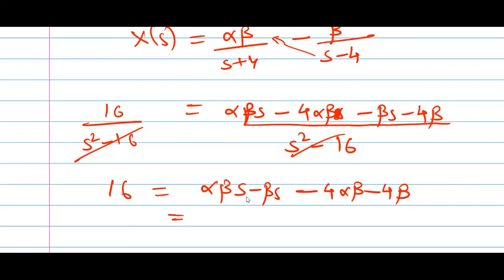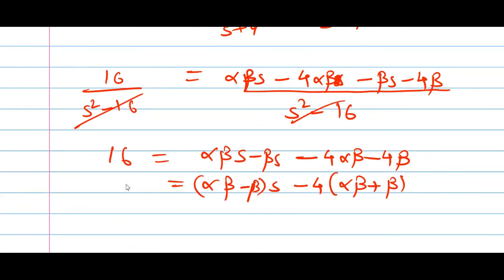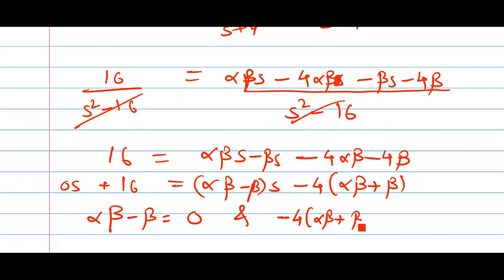From here take s common, so (alpha beta minus beta) s, minus 4 alpha beta, minus 4 I will take common, so (alpha beta plus beta), equal to 16. If I compare this with 0s, what two equations will I get? Alpha beta minus beta equal to 0, and the second equation is minus 4 (alpha beta plus beta) equal to 16. So this is equation 2.